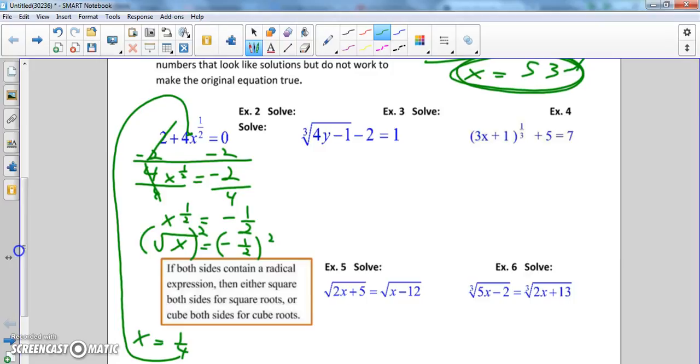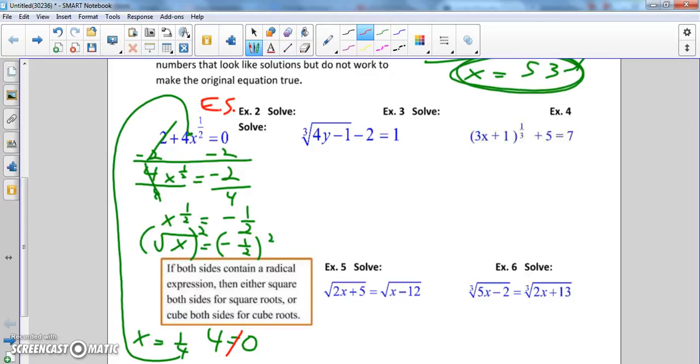And then 1/2 of 4 is 2, and 2 plus 2 is 4. So that would give me, after plugging my number in, 4 equals 0. And so since 4 does not equal 0, example 2 is an example of an extraneous solution.